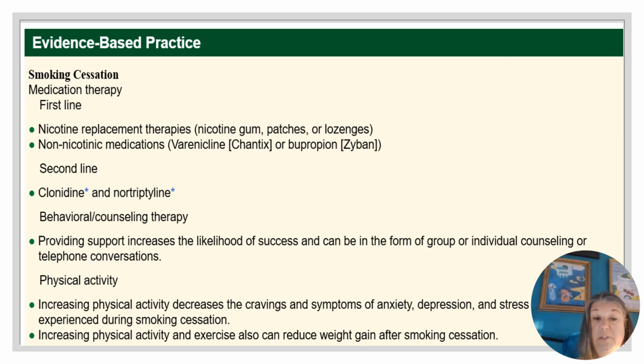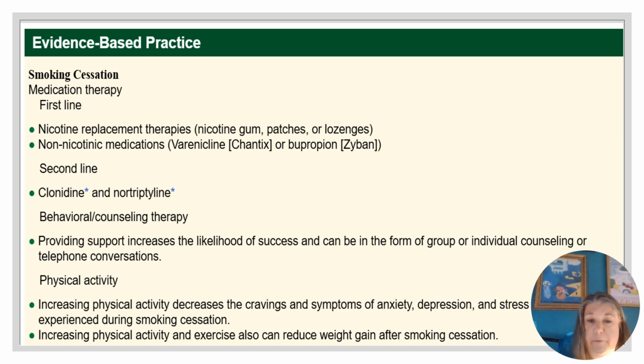This is our evidence-based practice. This is slide 15, related to smoking cessation. Our first line for smoking cessation is nicotine replacement therapies. So nicotine gum, patches, lozenges, whatever. Replace the nicotine. That is our first line. We also may use non-nicotine medications such as Chantix and bupropion.